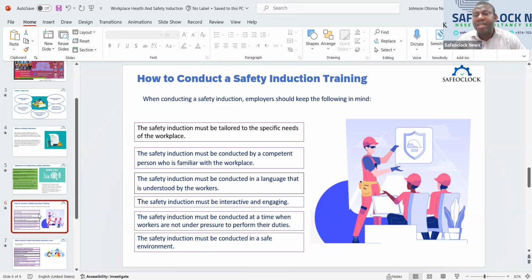Another thing is that the safety induction should be conducted by a competent person. A competent person, not just somebody who joined the organization less than two weeks ago and starts carrying out a safety induction.